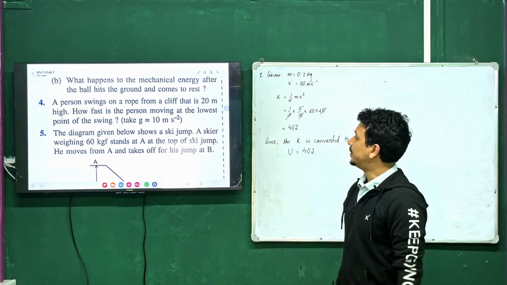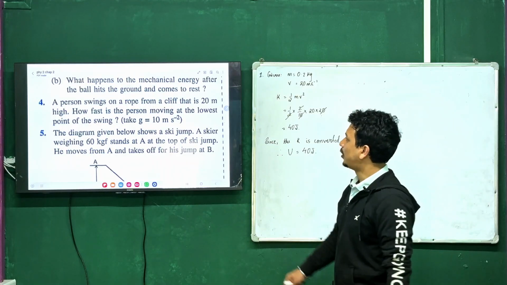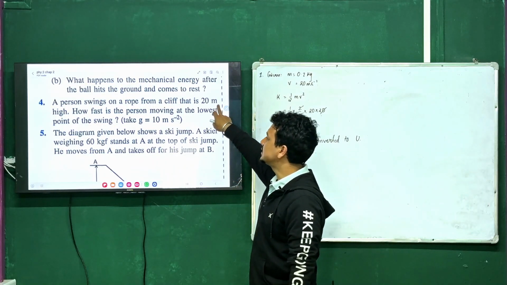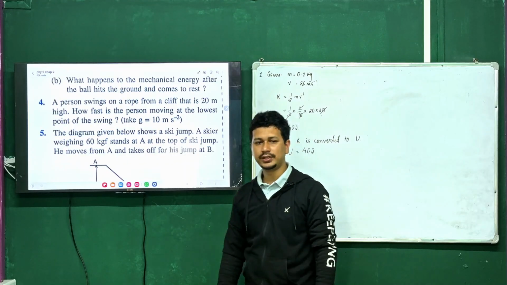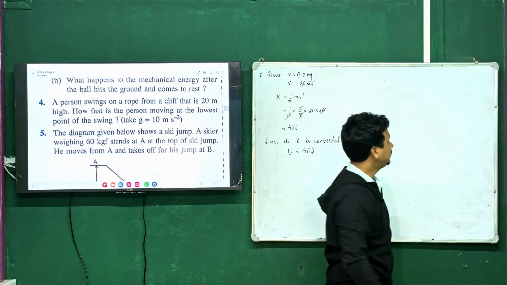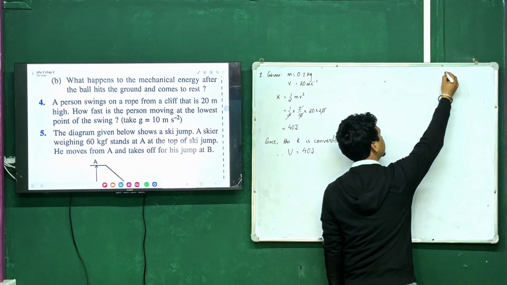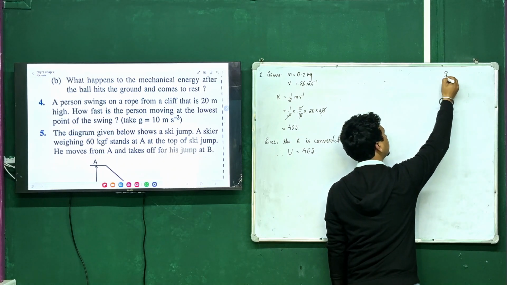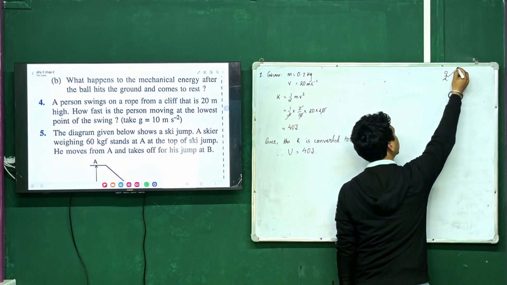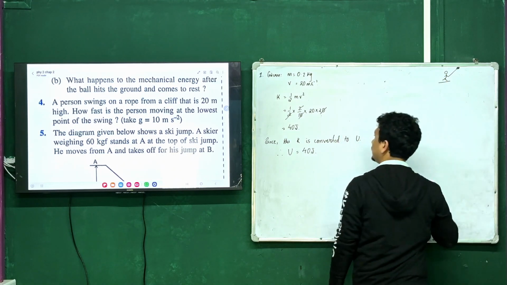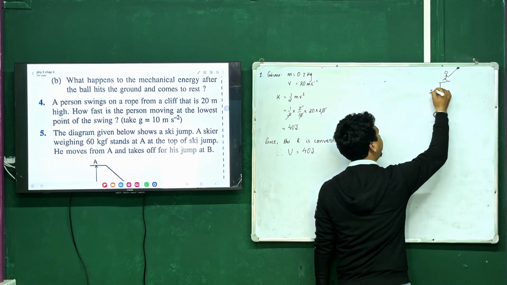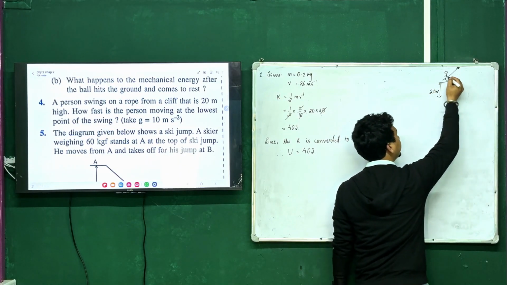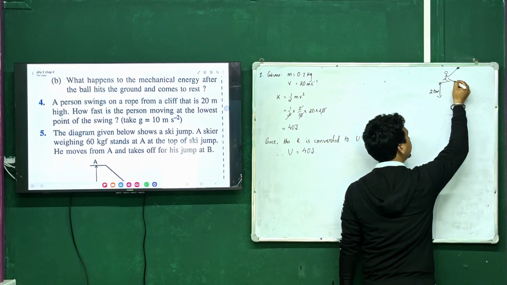All right. A person swings on a rope from a cliff that is 20 meters high. How fast is the person moving at the lowest point of the swing? What does that mean? There's a person, and he's swinging from a height of 20 meters. If he swings, obviously his velocity will increase.